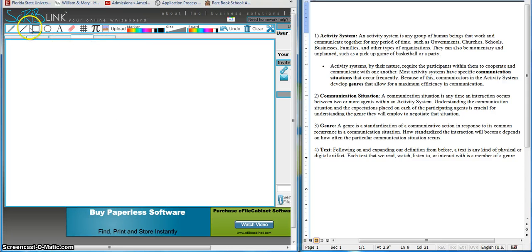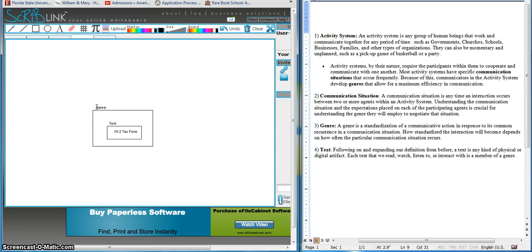We could go on to a different example. We could talk about your W-2 tax form for your part-time job. That's the text we're talking about. And that text is in the genre of tax forms.